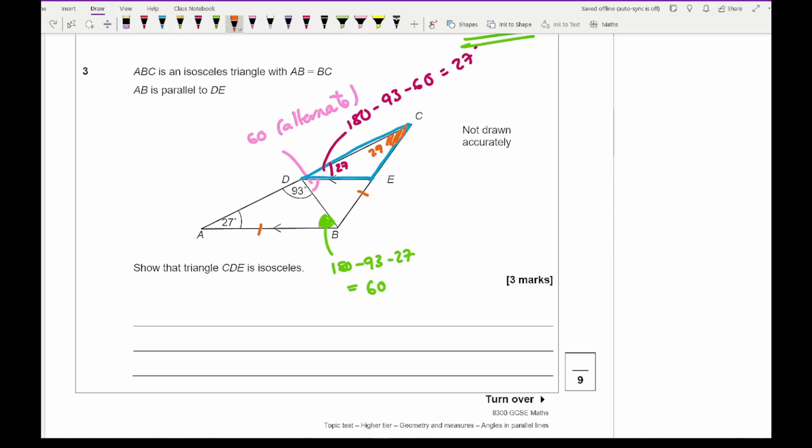So therefore, these two angles here are the same. And what colour have we not used? Let's go for green. So this angle and this angle are the same. So as EDC equals DCE, in the fact that they're both 27 degrees, triangle CDE is isosceles.